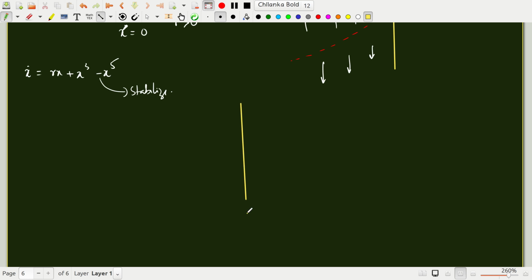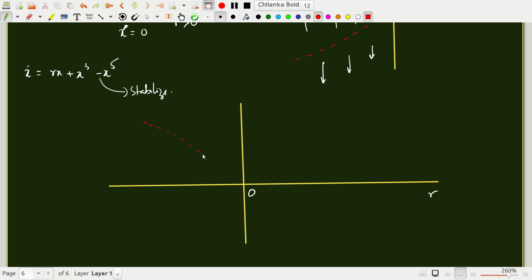Okay, so what the bifurcation diagram is going to look like is the following. This is 0, this is r. Okay, now we drew all this before itself. Okay, now because of this stabilizing term, there is another stable branch.